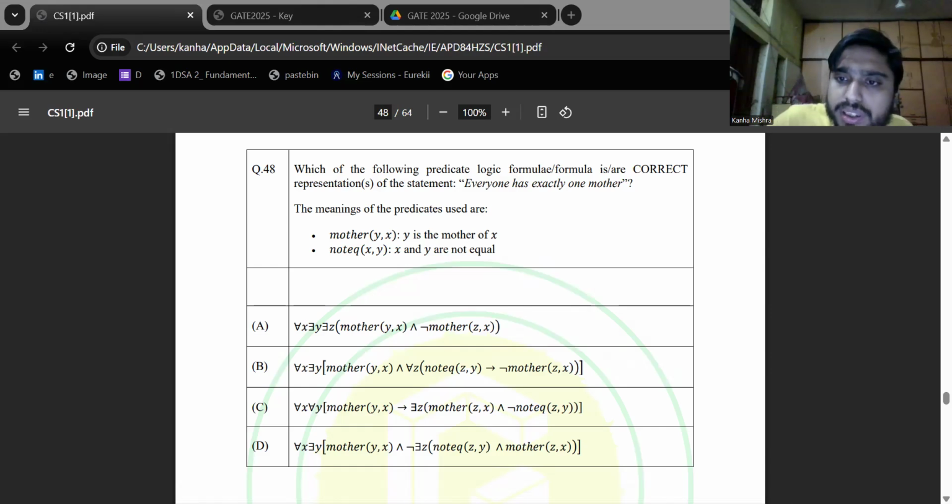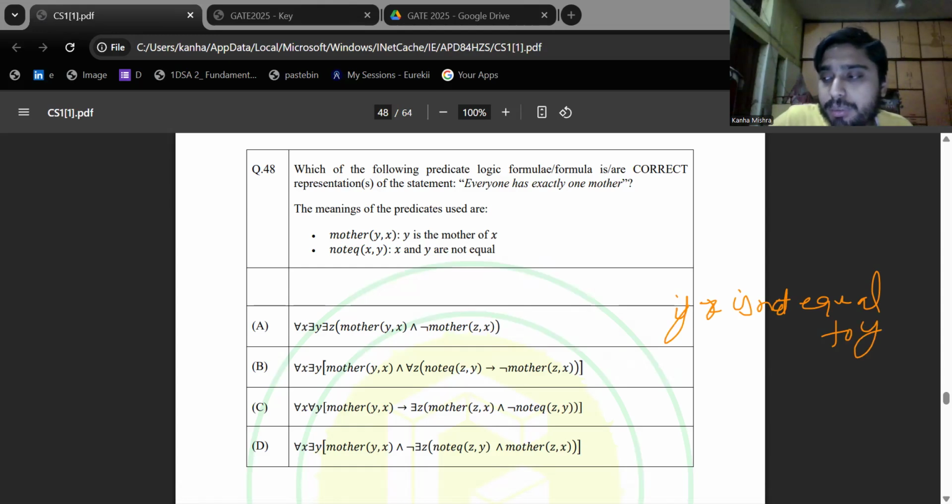So if Z is not equal to Y, then Z cannot be mother of X.